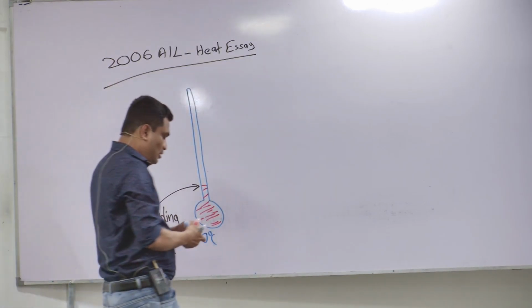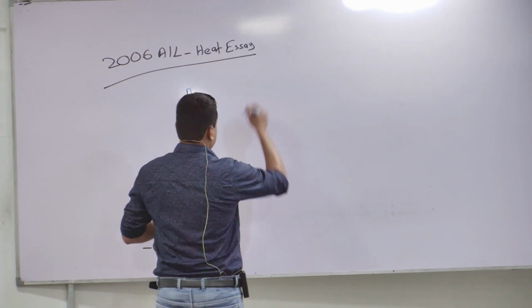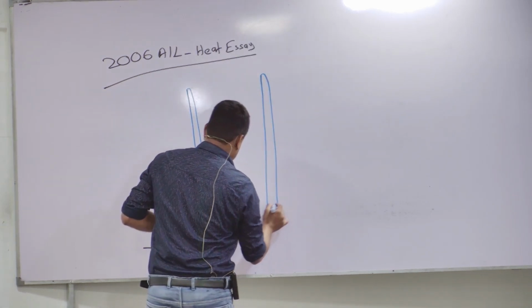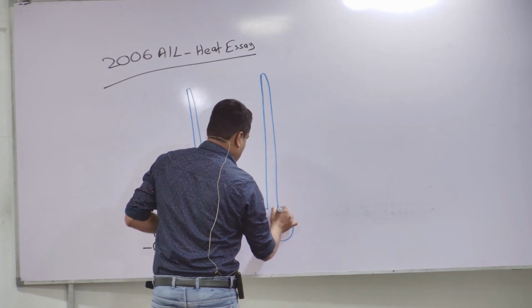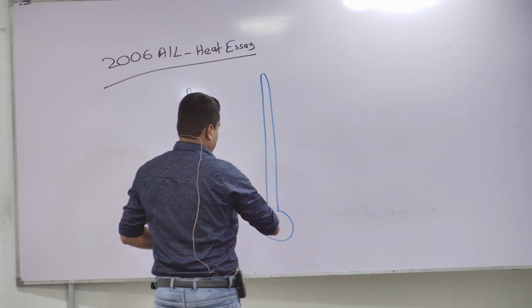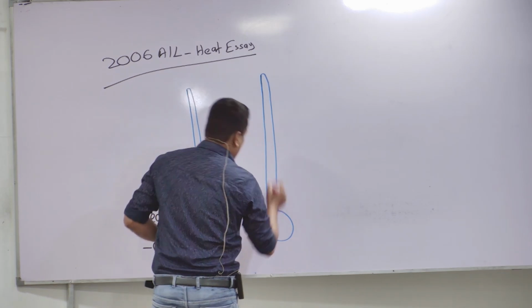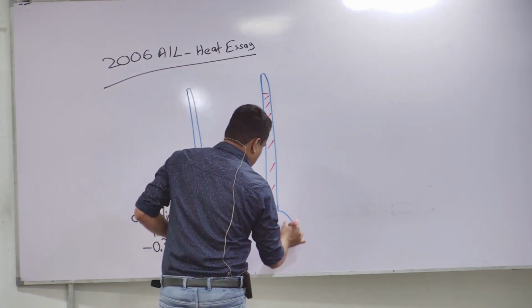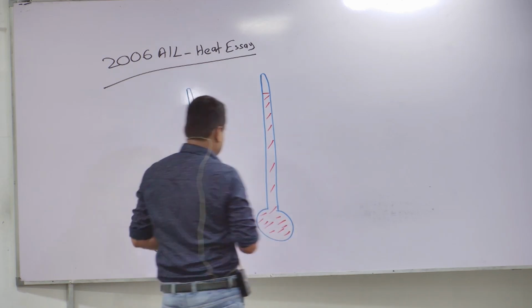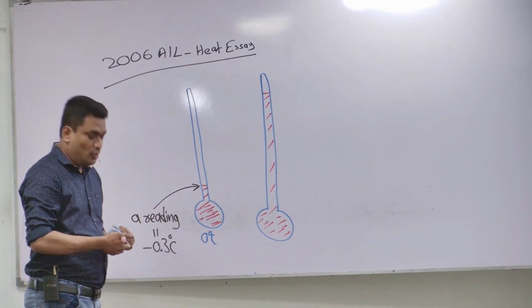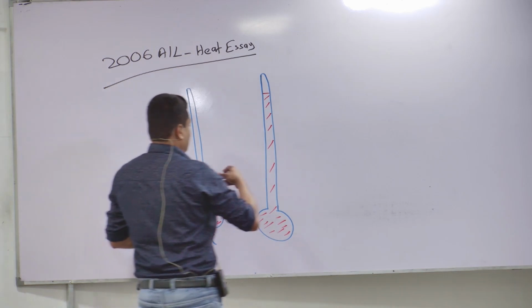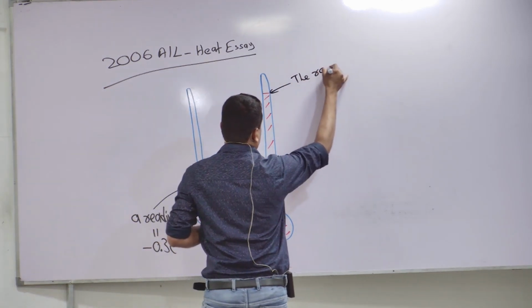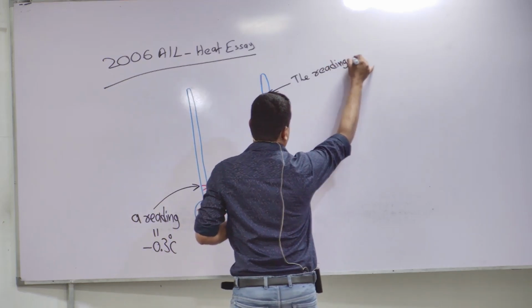When the same thermometer is kept at 100 degrees Celsius temperature, the reading is not 100. Check the book and tell me.